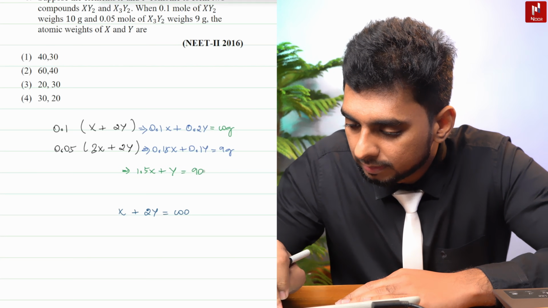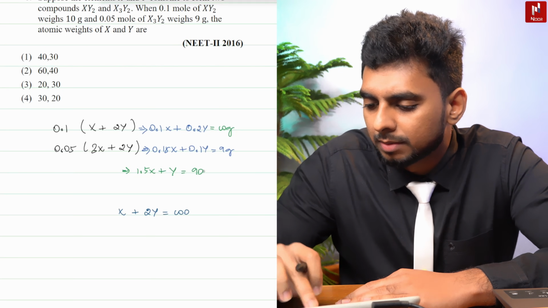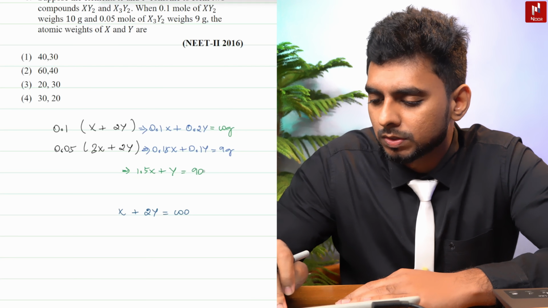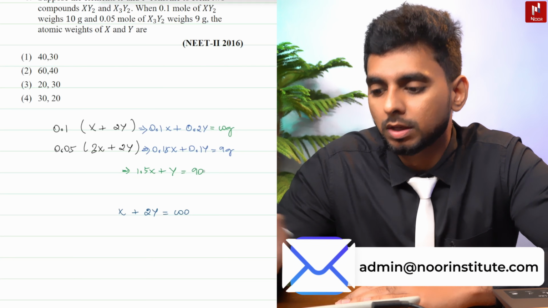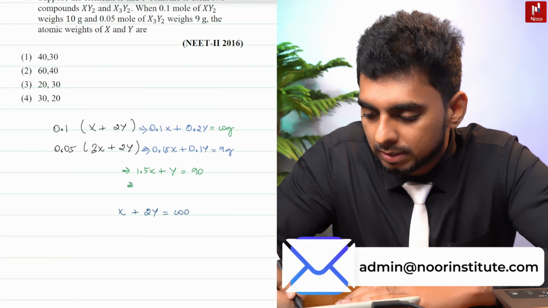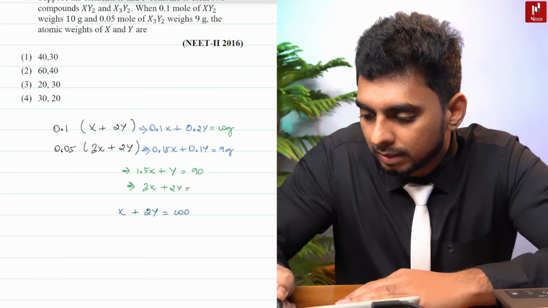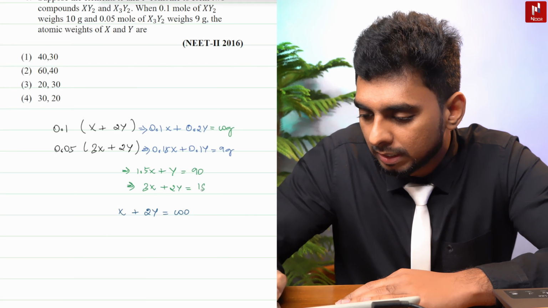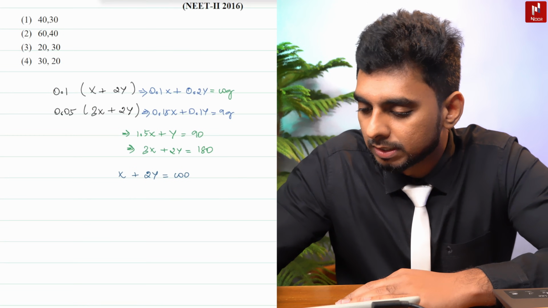This is right. Got it? Let me make this decimal also into a natural number. So let me multiply it with 2. 1.5 times 2 will give you 3. Therefore, the equation will have 3X plus 2Y, that will give you 180. 90 into 2 is 180. Got it? Now I have got two equations.